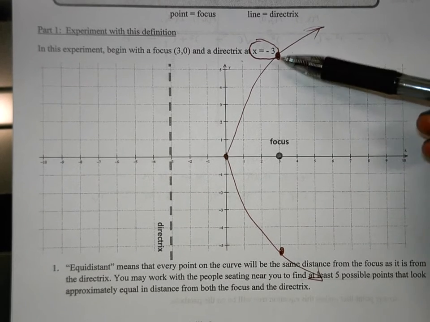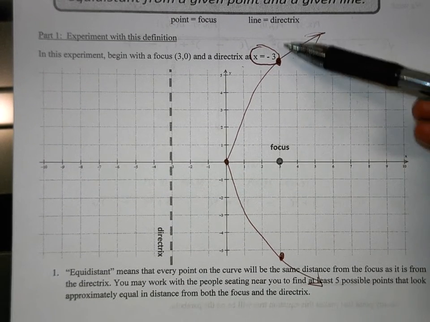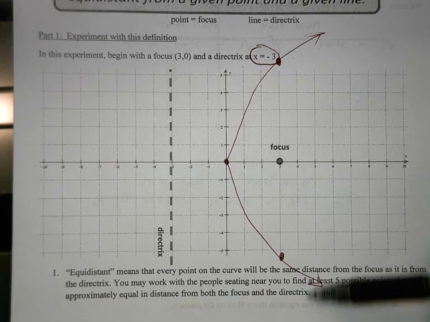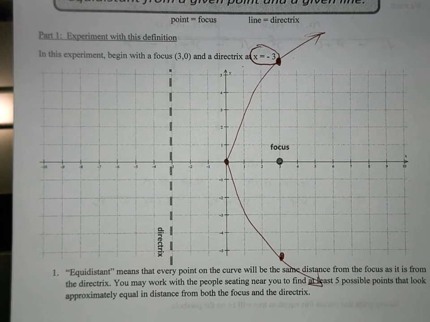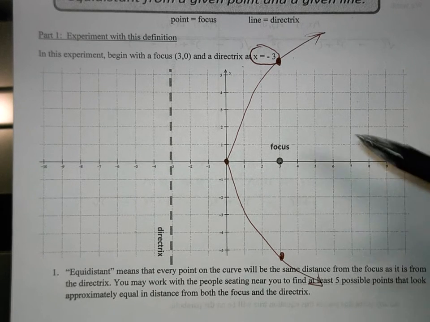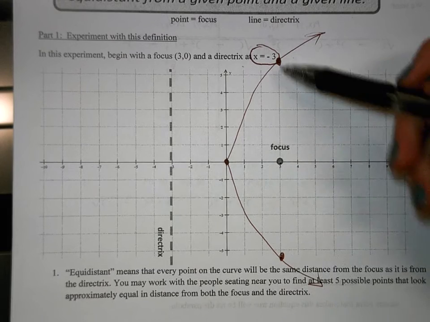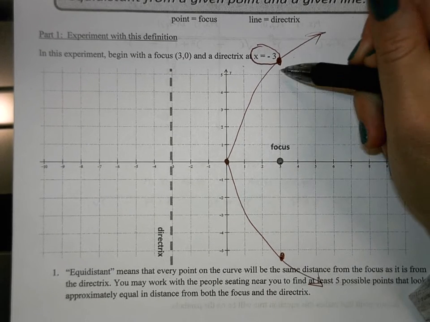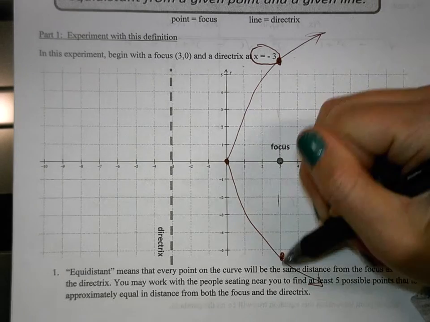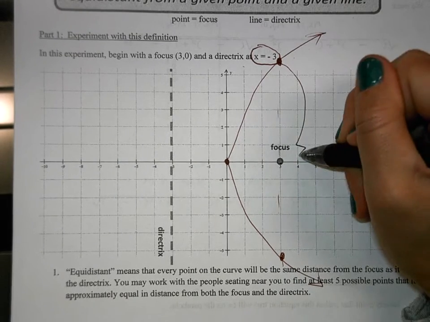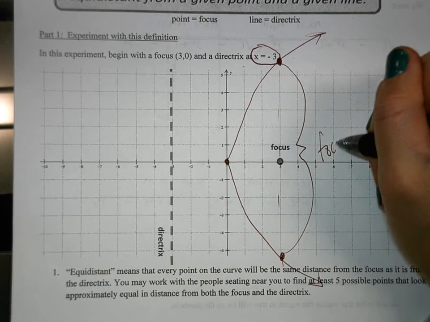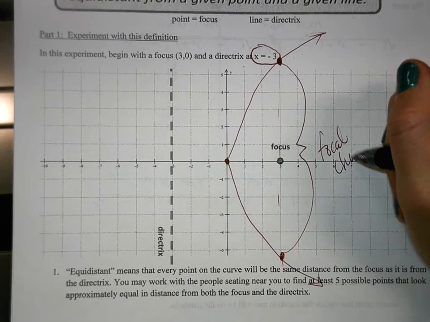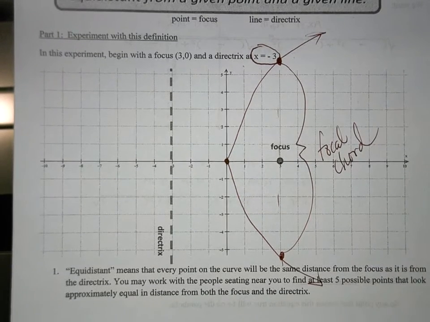So do you guys remember what about this distance? What about the distance from what? From the focus to these points here on the graph. This is called the focal chord. Do you guys remember that? Mm-hmm. So this line right here is still called our focal chord. And do you remember the distance that that is?